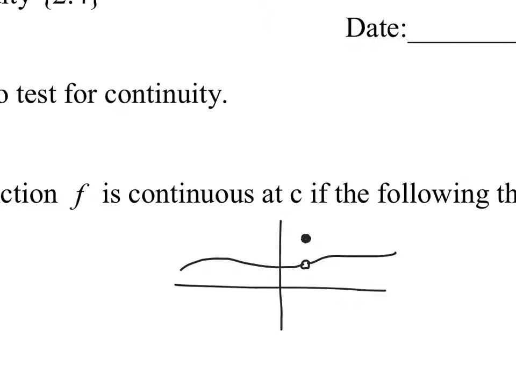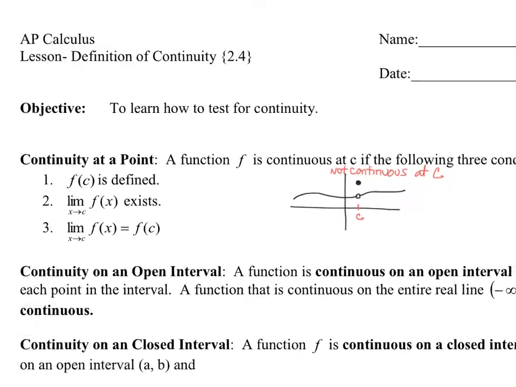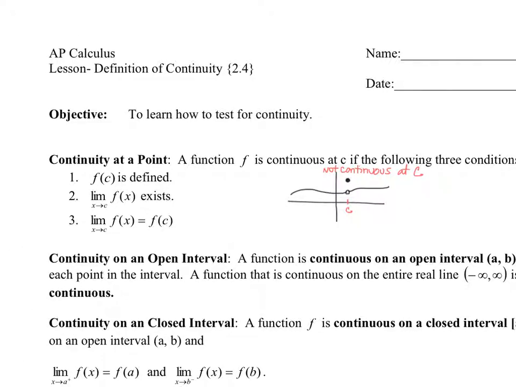All right, so this would be not continuous. We'll call this point C at C. All right, so that's an example. It's not the only one, but it's an example of item 3 there.